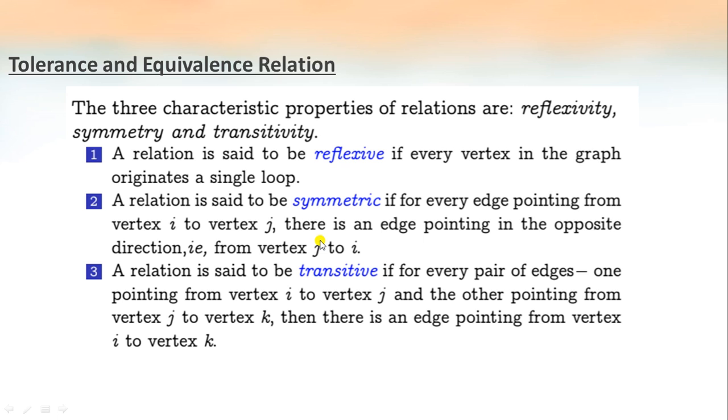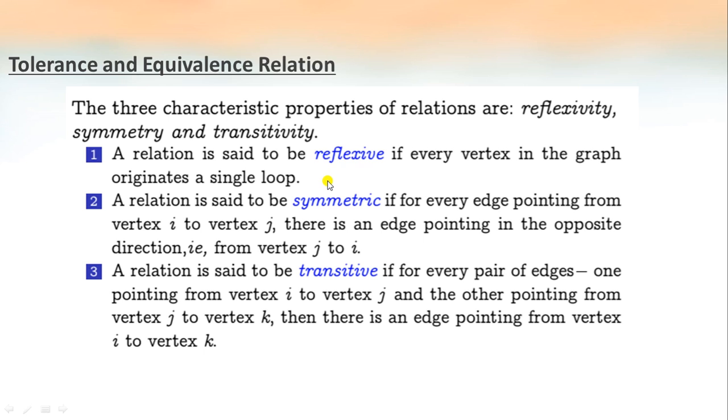The three basic characteristic properties of relations are reflexivity, symmetry and transitivity. Suppose we have a relation R. That relation is said to be reflexive when, if we draw a graph, every vertex in the graph originates a single loop.